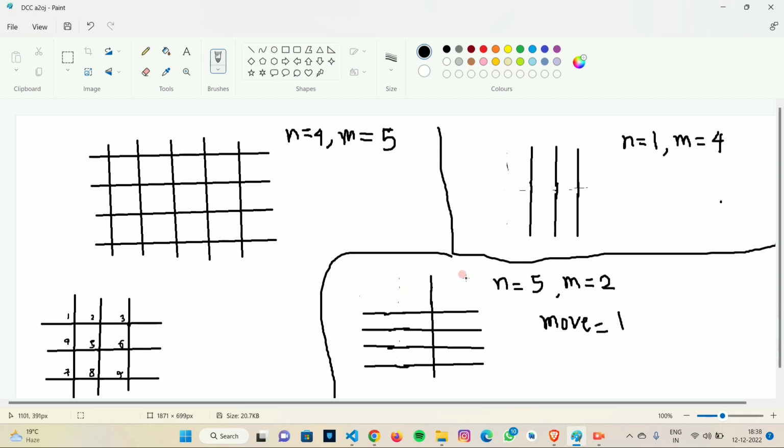Now it is Malvika's turn. Let's say she picked this intersection point and removed these two lines. Now the number of moves is 2 and it is Akshat's turn. But since there is no intersection point, Akshat cannot make a move. So in this game, he loses. So the winner for this game is Malvika.